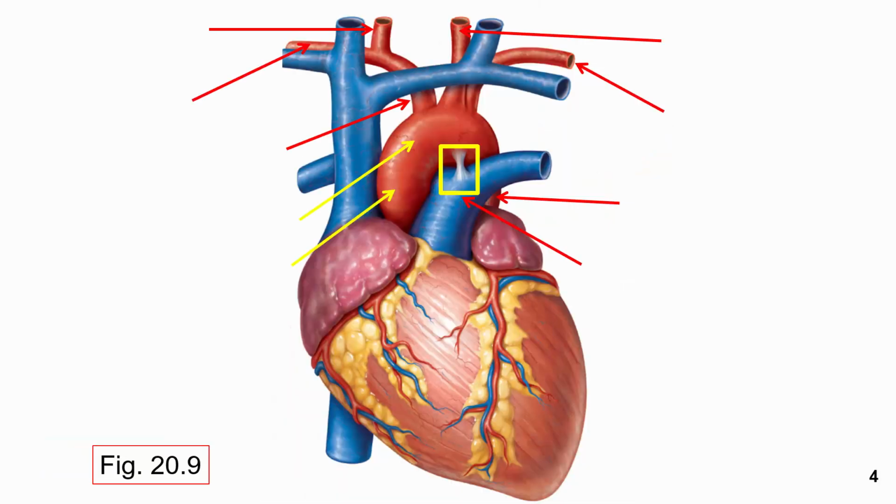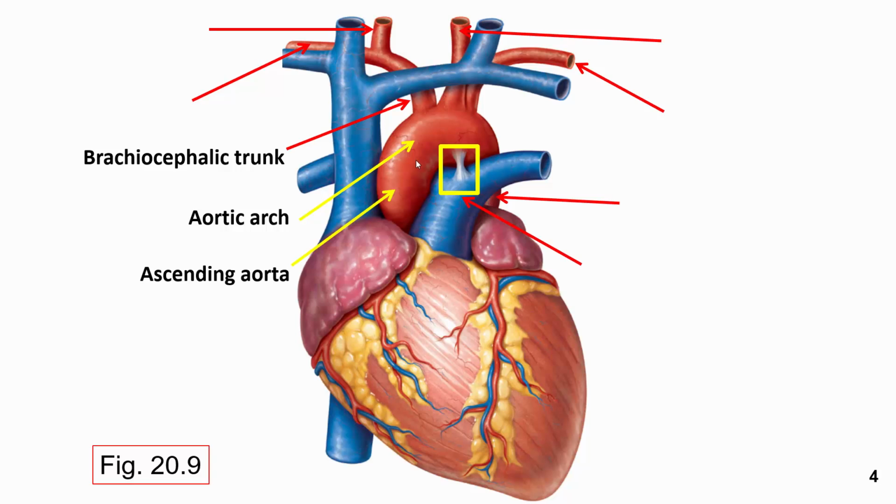So taking a closer look at the passage of this oxygenated blood out of the heart, we begin with what's called the ascending aorta, and that's a specific term for this most immediate tissue that comes off of the left ventricle, which then continues to form that arch-like shape that we know as the aortic arch.